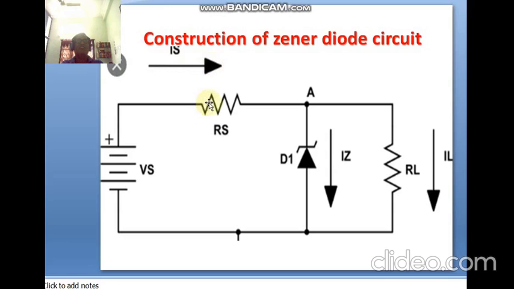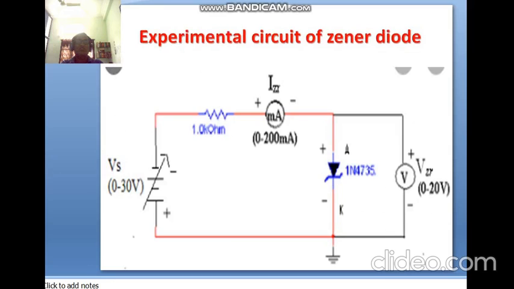Is is the current passing through this series resistor. Iz is the current passing through the Zener diode, RL is the load resistance, and IL is the load current. So this is simply the construction part of the Zener diode circuit.